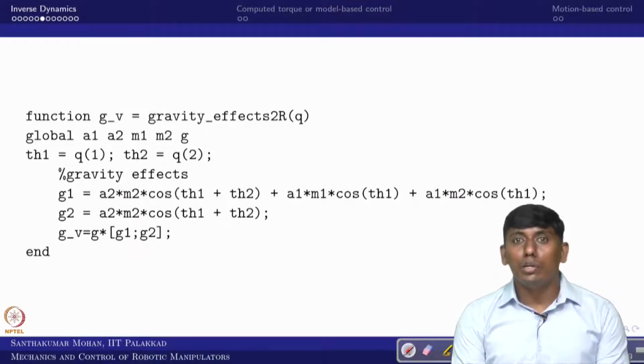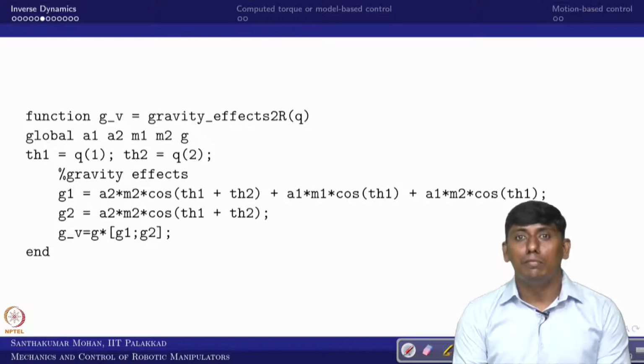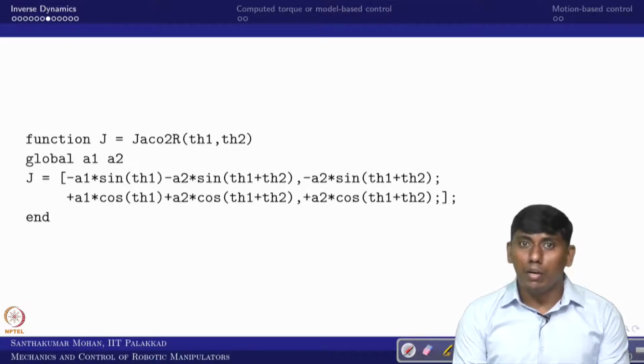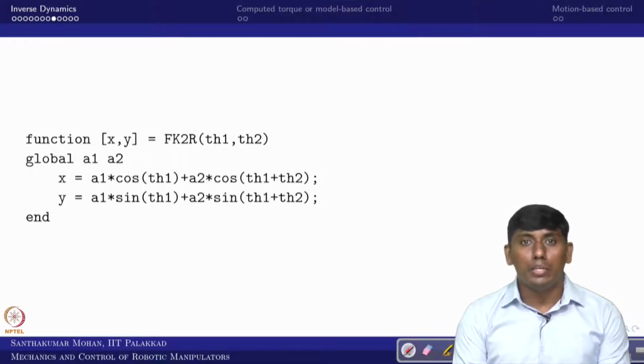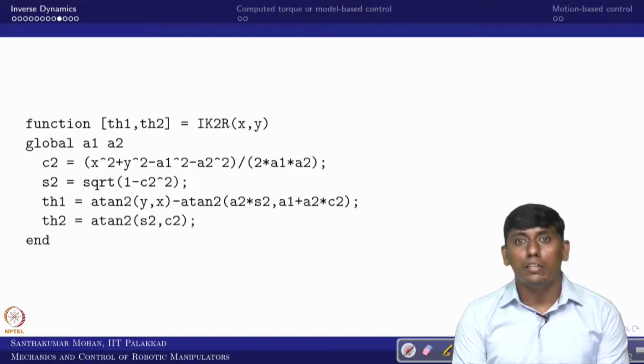Further, in order to make this more beneficial, we are using the Jacobian subfunction which we derived in the kinematic control. Similarly, the forward kinematics and inverse kinematics of the 2R serial manipulator we have taken here for understanding, or whenever required we can use it.